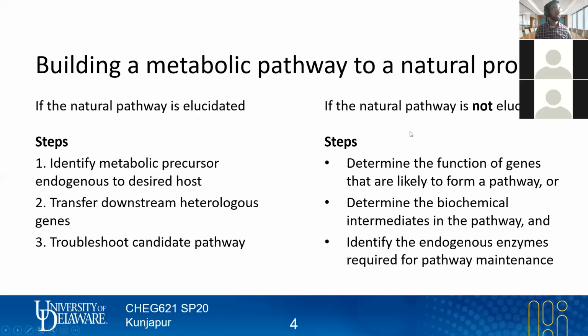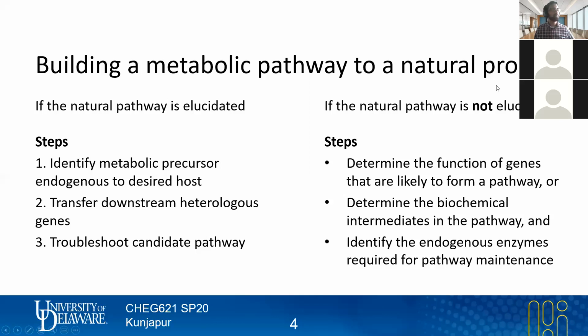pathway. If your natural pathway is not elucidated, then you have potentially many additional steps. And so this is an area that generally falls outside of the metabolic engineering core community, but has increasingly become more important in order to identify and make products that are new and innovative or needed.